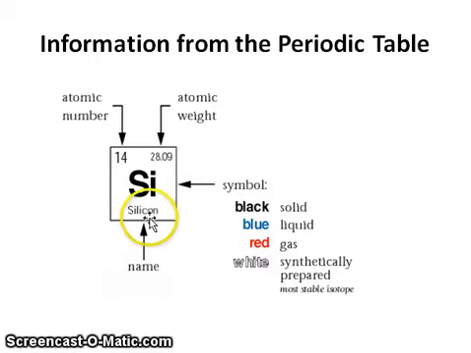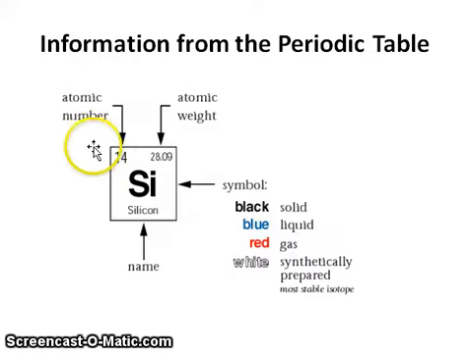This is the name of the element, and then Si will be the symbol for the element. Again, all elements will have a symbol and a name, and the symbol usually has 1, 2, or 3 letters. The first letter is always a capital letter, and the second or third letters will always be small case letters. And that's a rule for all the elements in the periodic table.